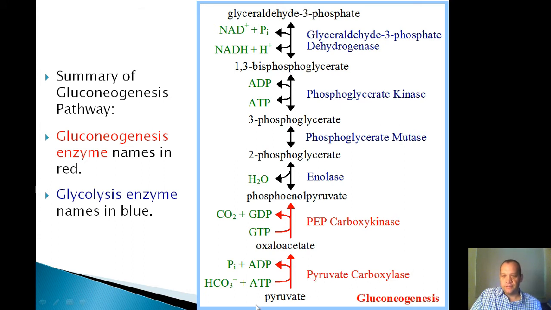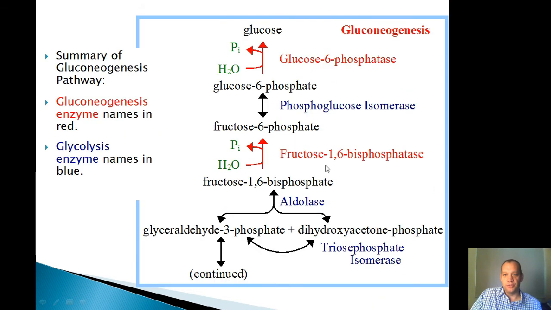Pyruvate carboxylase first turns pyruvate into oxaloacetate, and then PEP carboxykinase turns that into phosphoenolpyruvate. In the process, a bicarbonate, an ATP and a GTP are used, and in the second step, the spontaneous decarboxylation helps to drag this reaction forward.